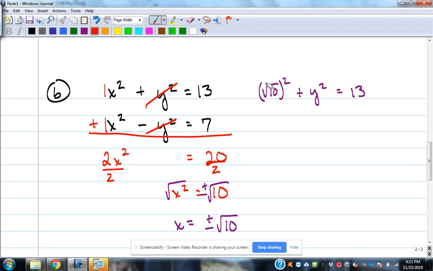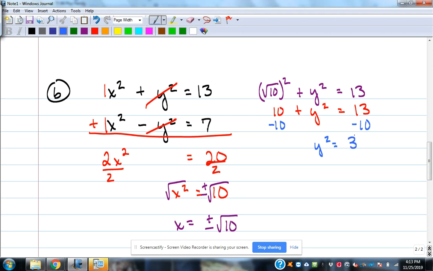They cancel out and it just gives you a 10. And now we got 10 plus y squared is equal to 13. We want to get y by itself. That's our job. So I'm going to subtract 10 from both sides. That's y squared is equal to positive 3.